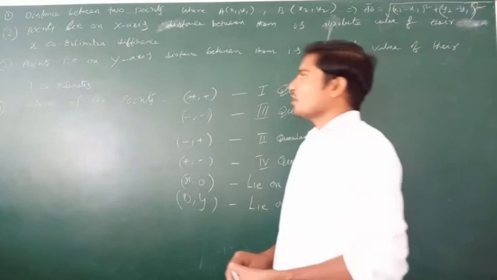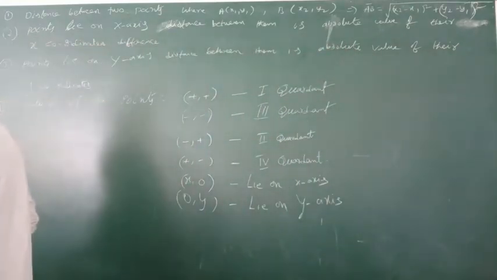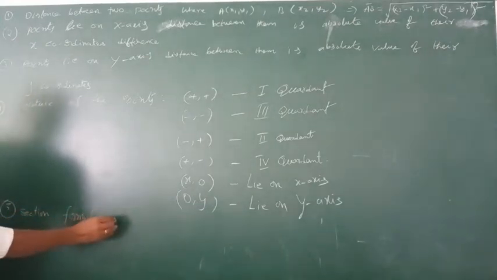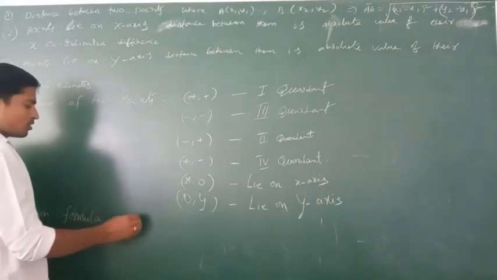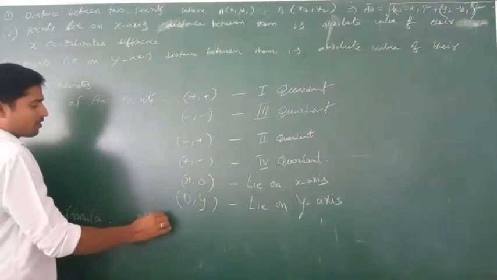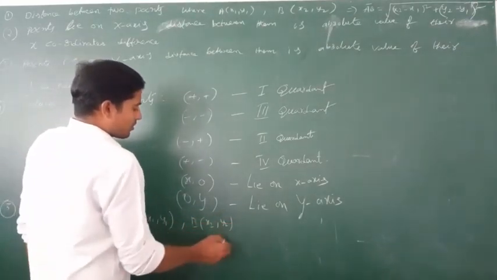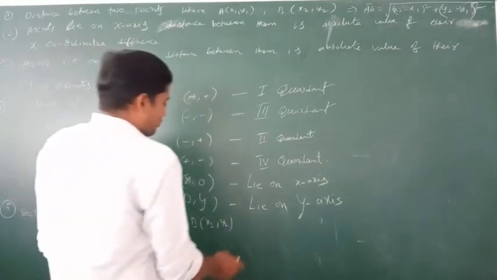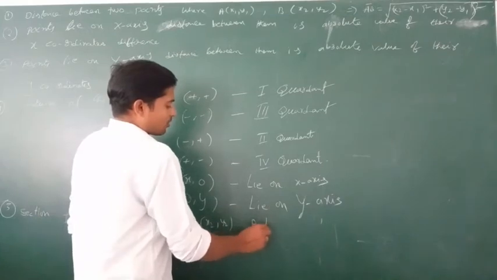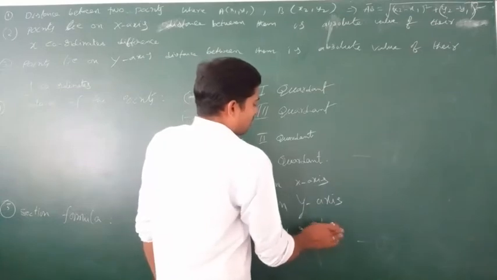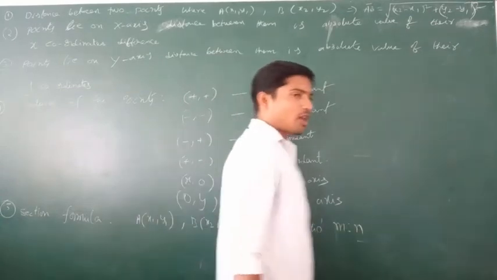What is the section formula? Internally and externally. Fifth one, section formula. Suppose A is (x1, y1), B is (x2, y2), and P divides in the ratio m1 is to m2 internally.